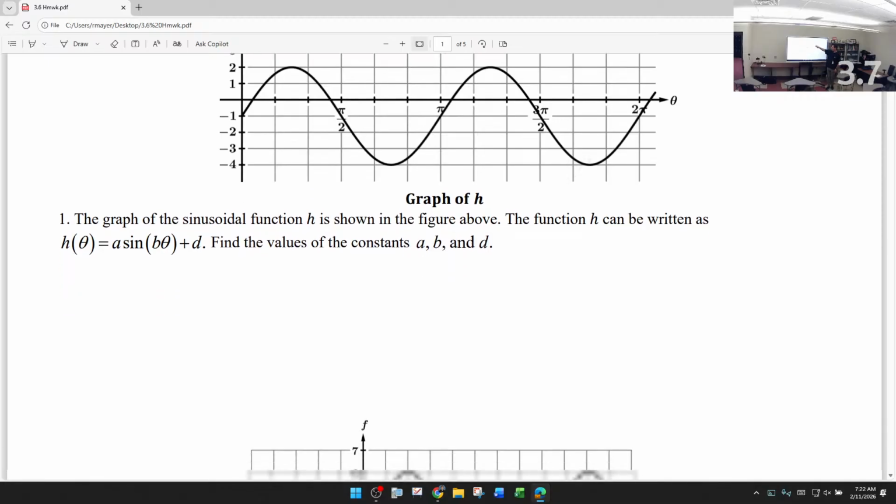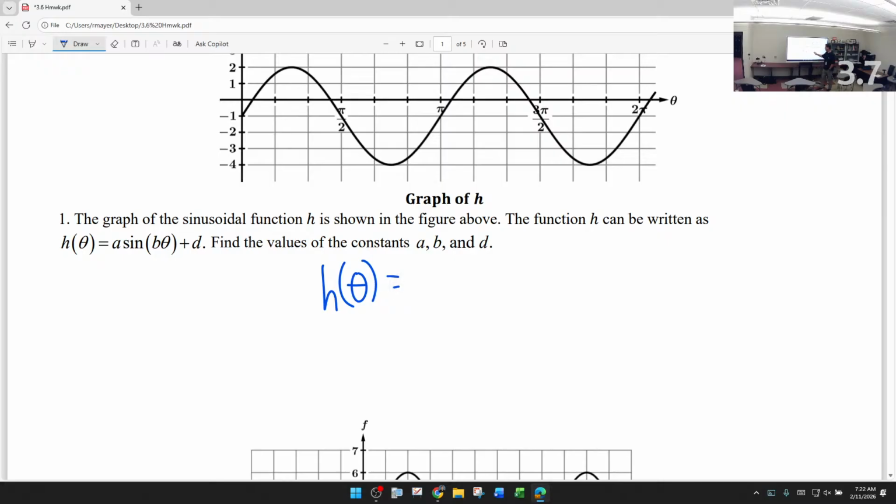Some of you are doing this. It's not wrong, but if you do it wrong, you're going to get dinged on the test. When it asks for A, B, and D, you're going H of theta. Well, some of you didn't do H of theta equals. So if you don't do that, you're going to get it wrong.